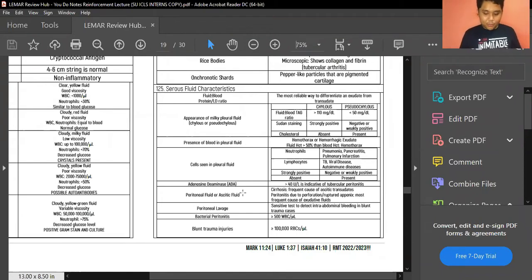Peritonitis due to perforation and ruptured appendix is the most frequent cause of exudative fluids. All right? So cirrhosis, again, is the frequent cause of ascitic transudates, and peritonitis causes exudates. Peritoneal lavage is used to detect blunt trauma or injury: greater than 100,000 RBCs per uL. And for bacterial peritonitis, greater than 500 WBCs per uL.